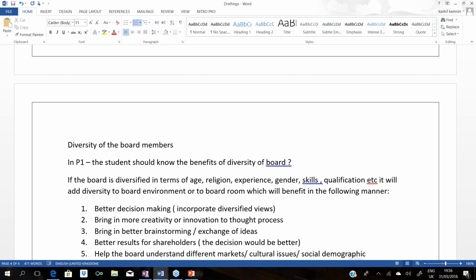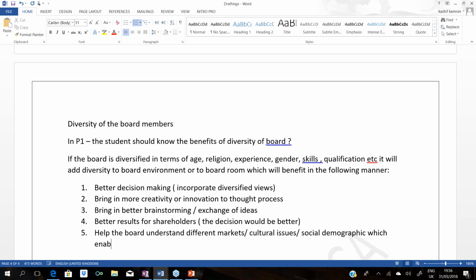They should know demographics of the Middle East, of Australia, of Singapore. So if they're making a product, how will the product go into the Middle East market? How will the product go into the Pakistan market? How will the product go into the Far Eastern market? So it helps the board understand the different markets, different cultural issues, different social demographics, which enable the product to sell well.